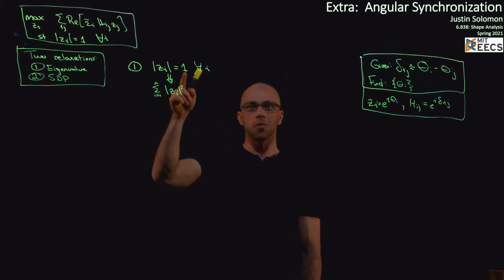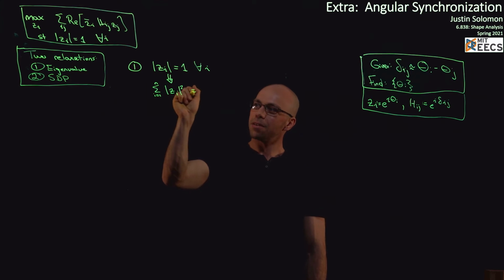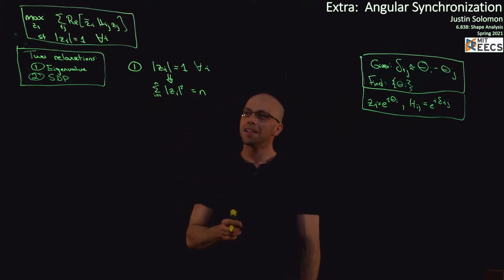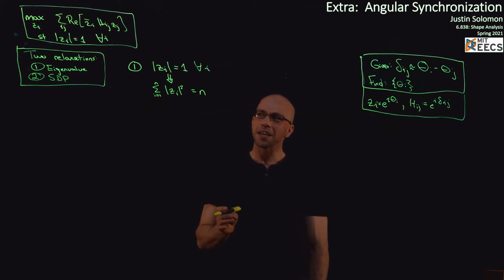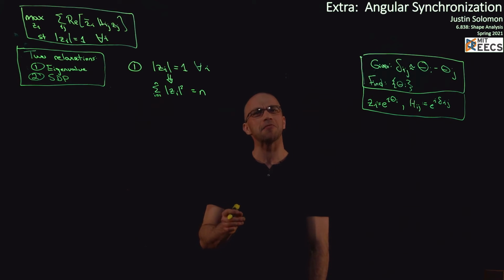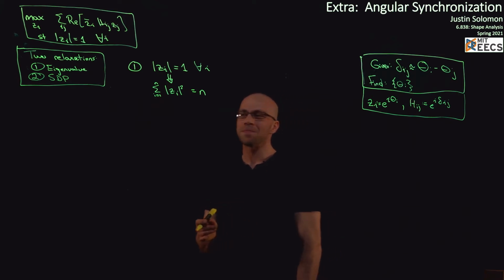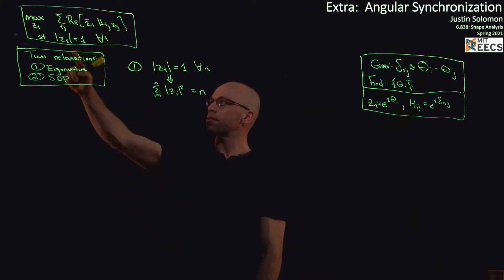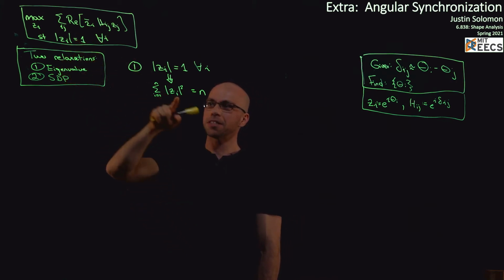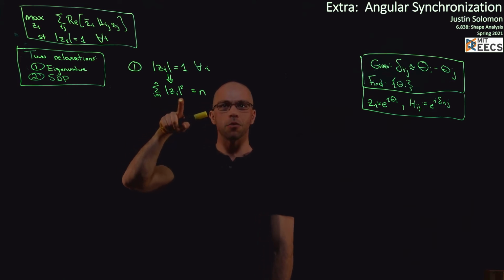It's just 1 plus 1 plus 1 plus 1 plus 1, so you get n. So here is a relaxation, which is a pretty serious relaxation as they go. We're going to remove a lot of constraints from this problem. In particular, rather than constraining every single zi to be a unit complex number, I'm just instead going to make one constraint of this form here.